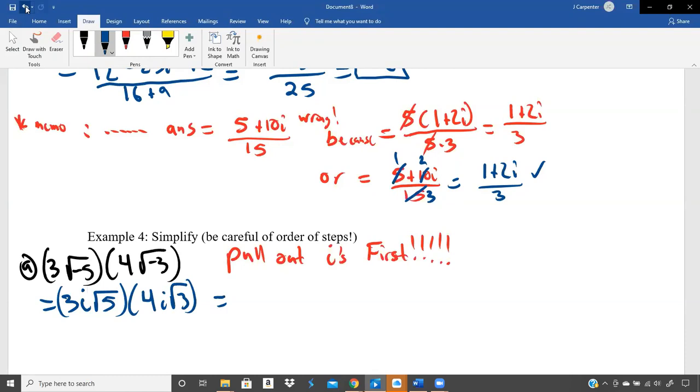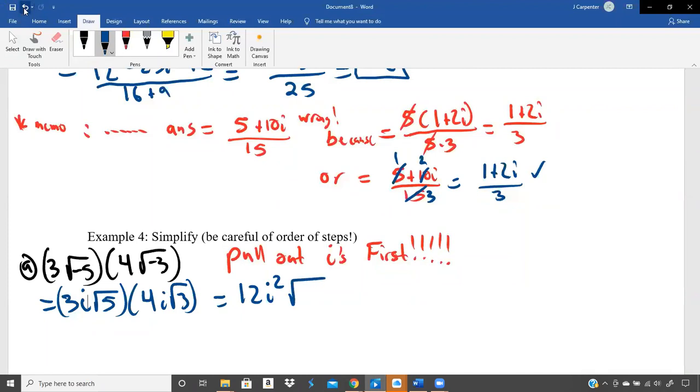Now let's multiply outsides and insides. This is not foiling. There's no pluses or minuses separating anything. This is just one product, but we have to do the product outside and then inside. So for the outside, we're taking the 3i times the 4i. 3 times 4 is 12. i times i is i squared. So that was the 3i times the 4i.